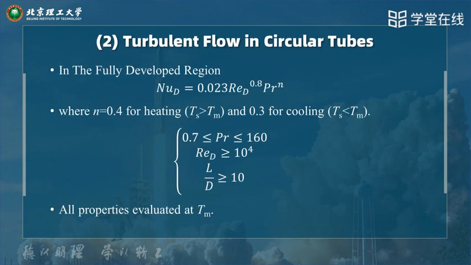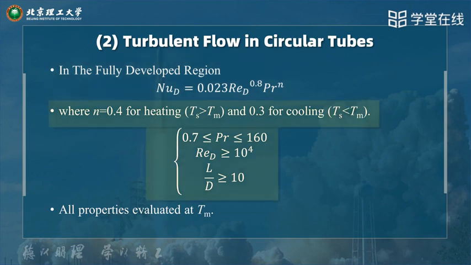However, for turbulent flow in circular tubes, it's different. In the fully developed region, we use this equation to calculate: Nusselt number equals 0.023 times Reynolds number to the power 0.8 times Prandtl number to the power n. This equation is very famous.